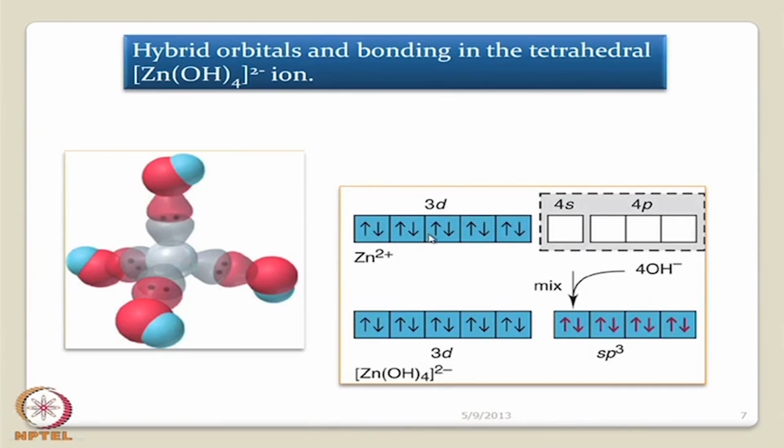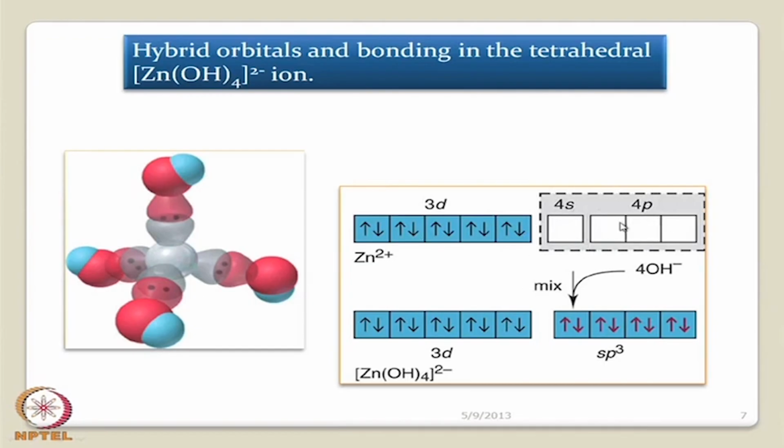So zinc ion, which is already in the bivalent state, has a 3d10 electronic configuration, and these are the vacant levels, 4s and 3p levels are there.